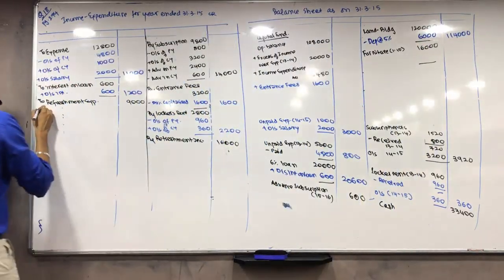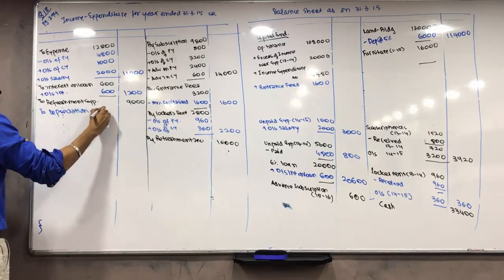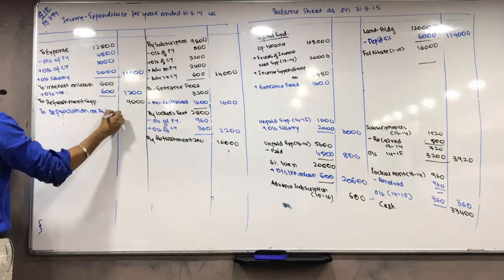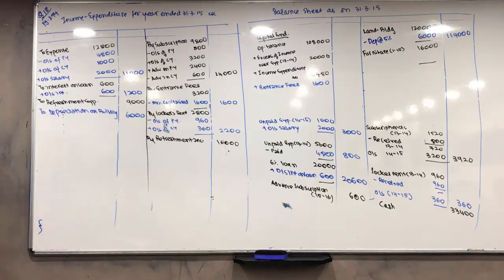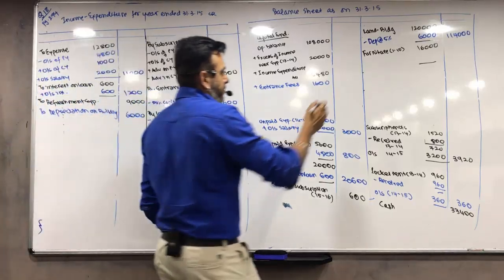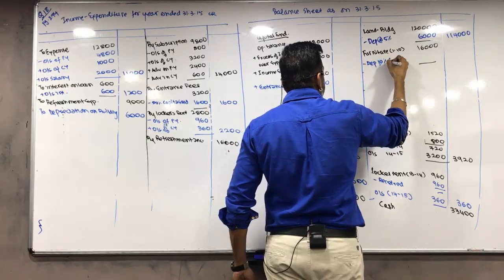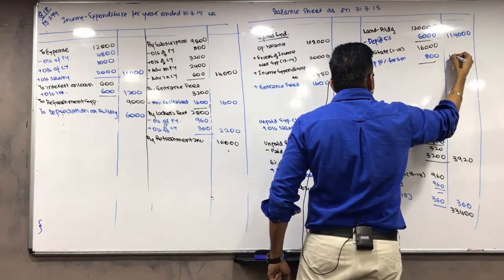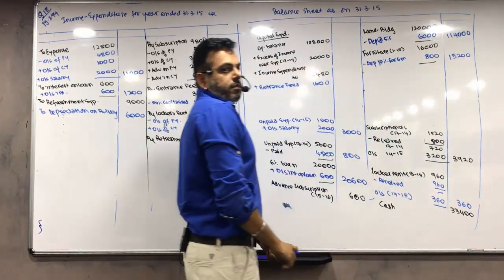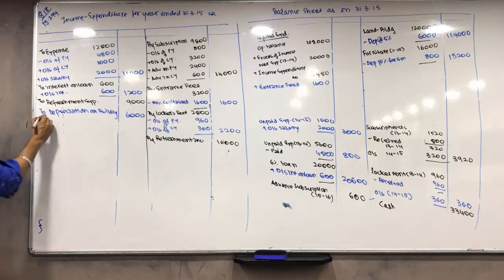Second effect. Then furniture 10%. Now depreciation on furniture 10% for how many months? 6 months. So it is 800. Second effect.